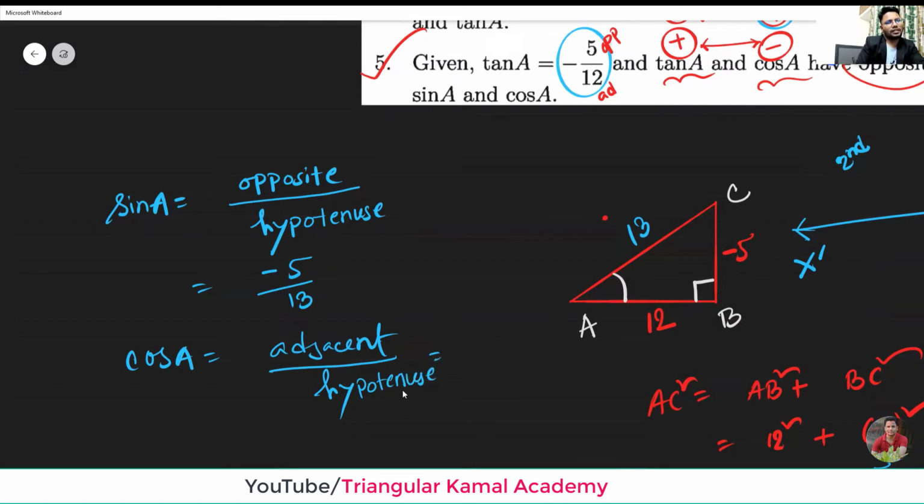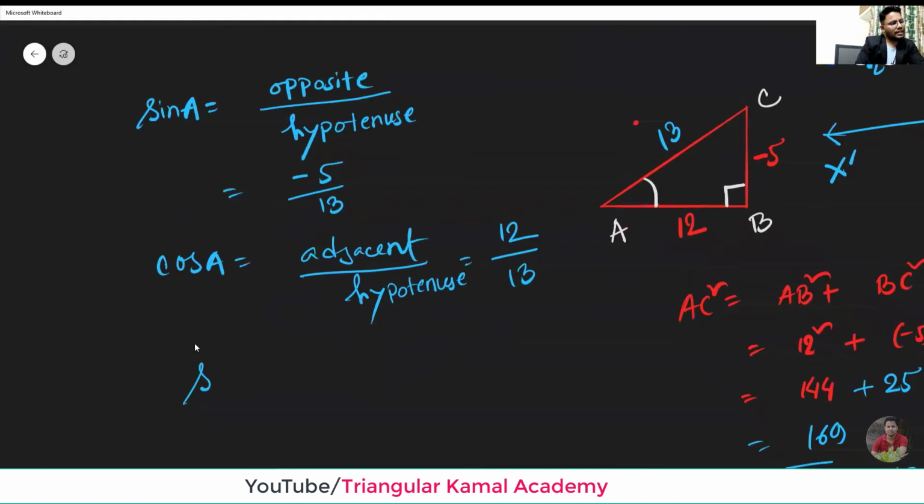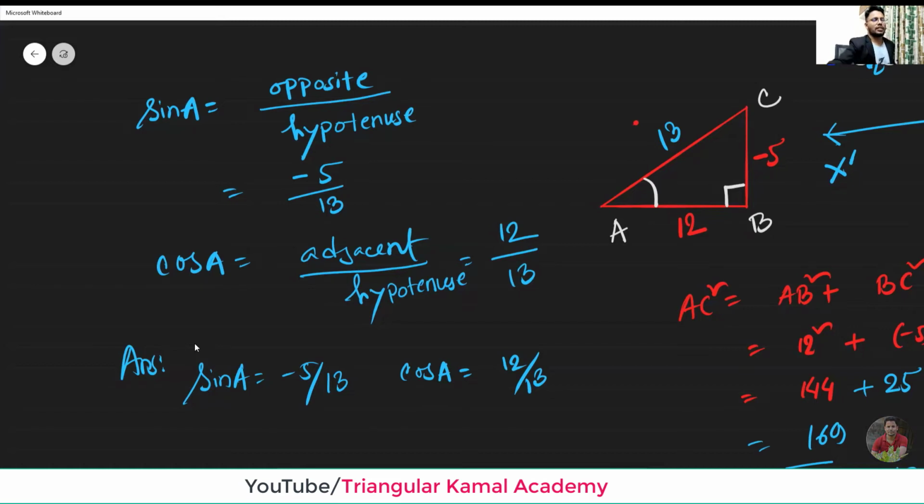Adjacent here is 12, divided by 13. That means these are the two answers. For number 5, sin A is minus 5 by 13 and cos A is 12 by 13.